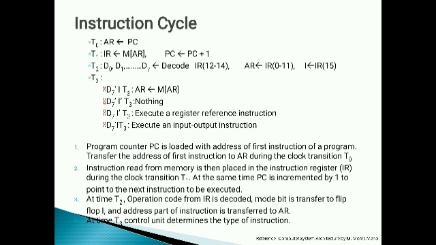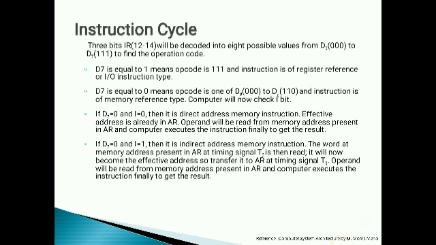At time T3, यानी कि फोर्थ क्लॉक पल्स पे, control unit determines the type of instruction. कैसे? Now the 3-bit IR 12 to 14 will be decoded into 8 possible values, that is from 000 to 111. D7 equal to 1 means opcode is 111 and the instruction is of register reference or input output instruction type depending upon the value of mode bit.